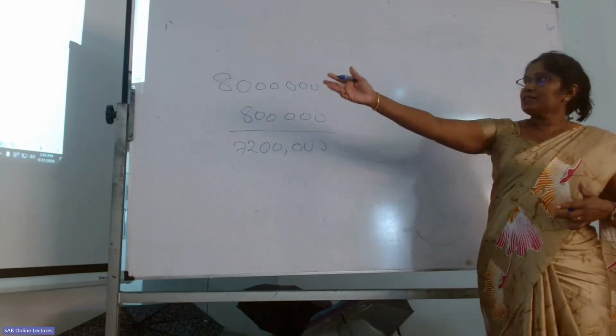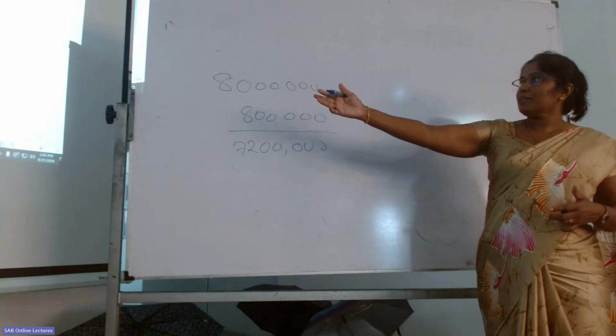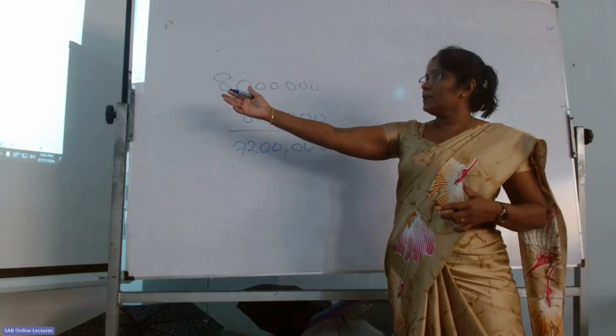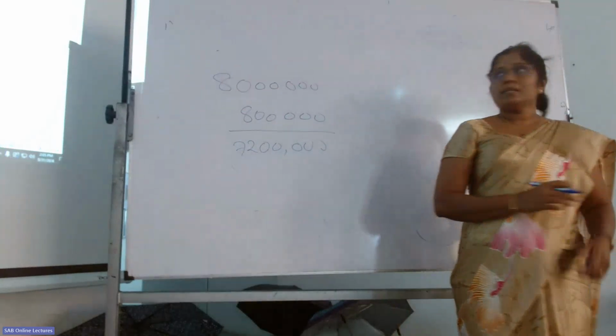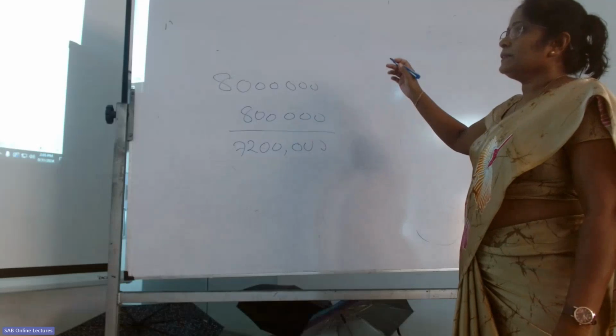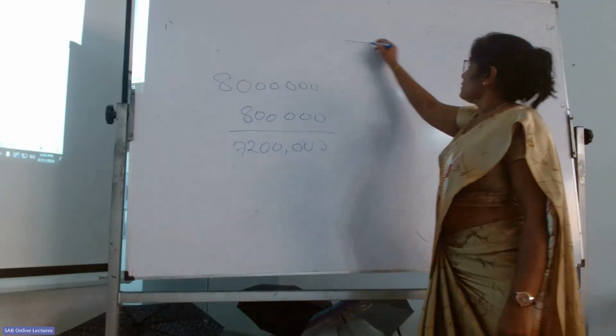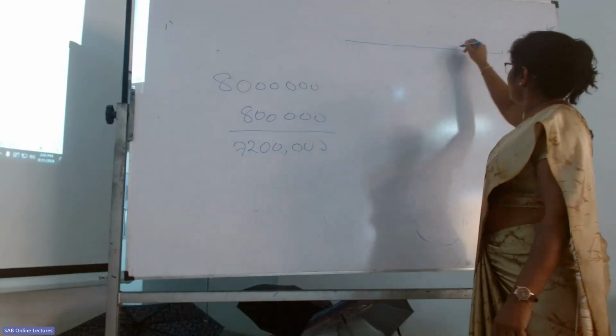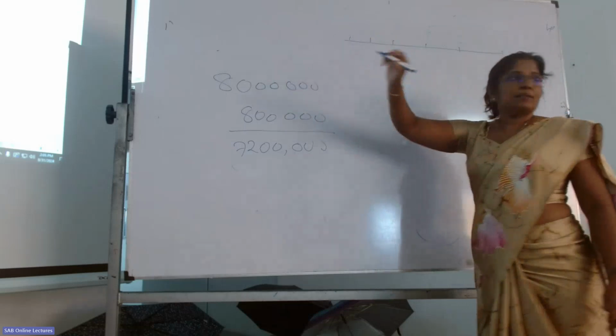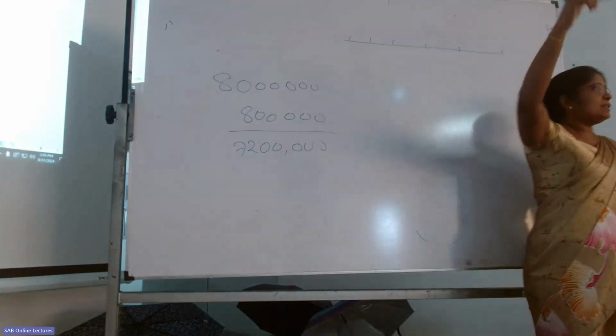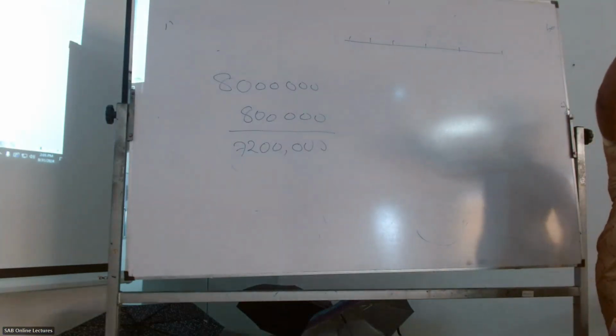Determine the lump sum payment required if he intends to settle the loan fully at the end of 5 years. This loan runs for 7 years monthly, and the total number of installments is how much? 7 into 12. Also clear?